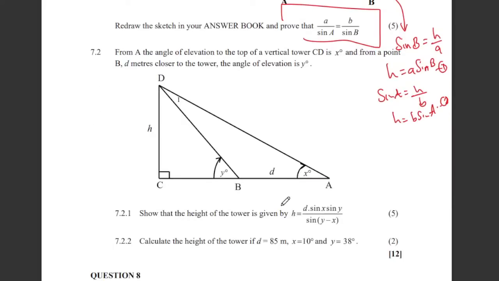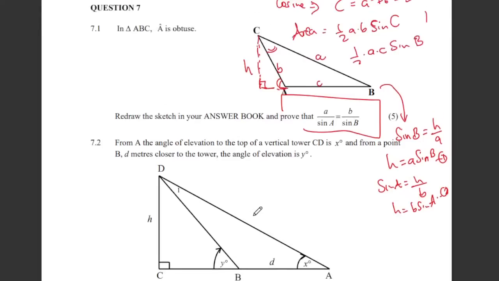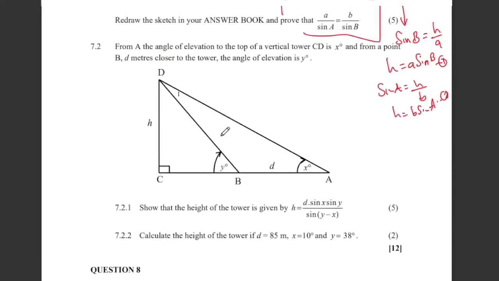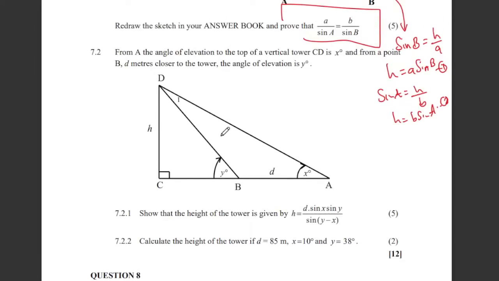Then question number 7.2. So in normal cases, if they ask you to prove the sine rule, then whatever comes after is just an application of the sine rule. Okay, from A, they're telling us the angle of elevation to the tower is x. So angles of elevation and depression just carry more or less the same meaning, as long as you know how to work with them.